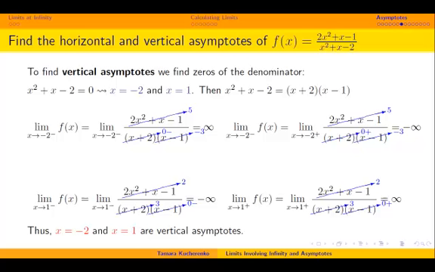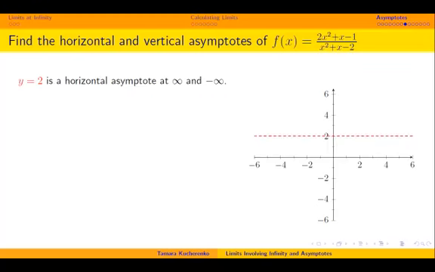Let's use the information we collected about the asymptotical behavior of f of x to sketch its graph. Y equals 2 is a horizontal asymptote at positive and negative infinity.